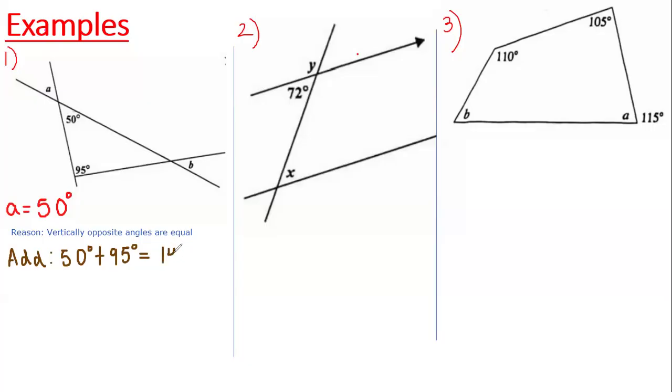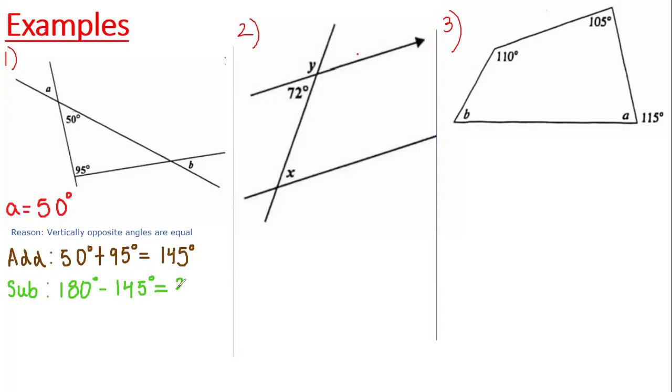Now, when we add them, that's not the end, right? We have to do something else. What do we have to do with it? We have to subtract. Very good. Subtract from 180. So let's subtract. 180 degrees minus 145 gives us 35 degrees.